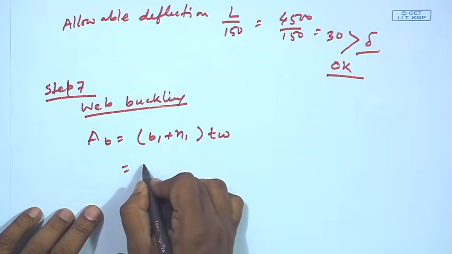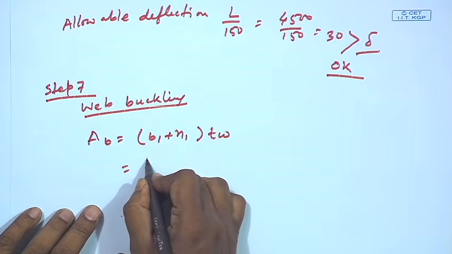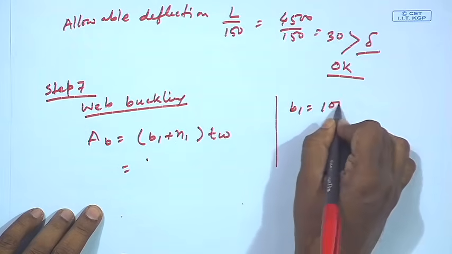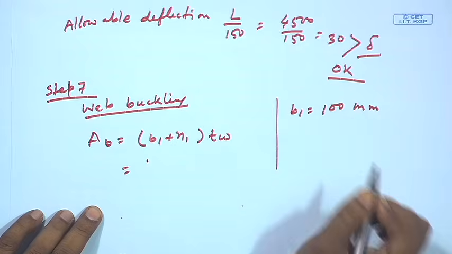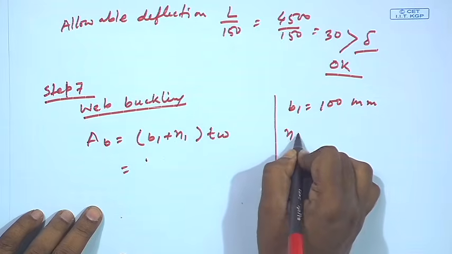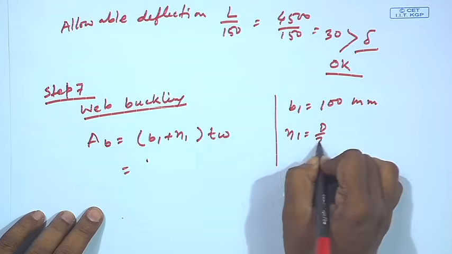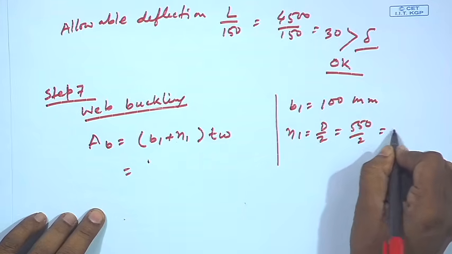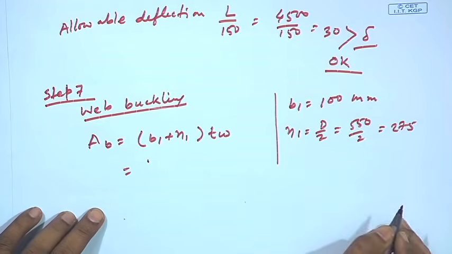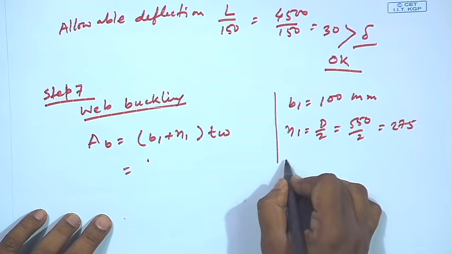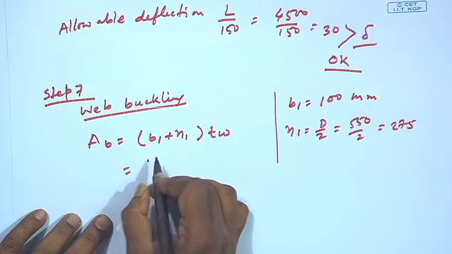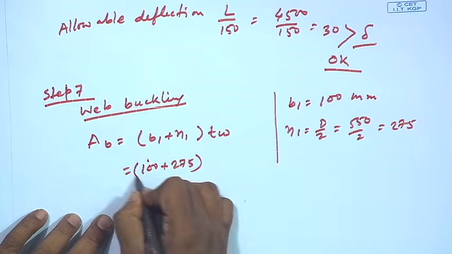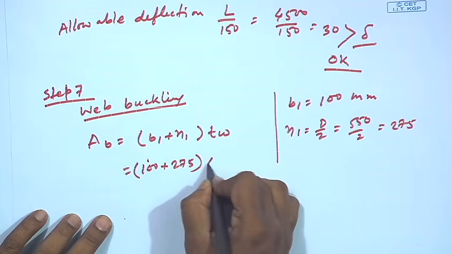B 1 is given as bearing length, that is 100 mm, and N 1 will be D by 2, that is 550 by 2, 275. So, A B is 100 plus 275 into T W as 9.9.